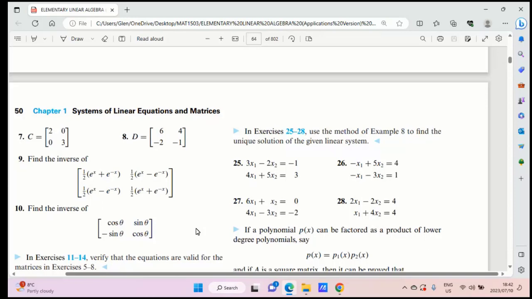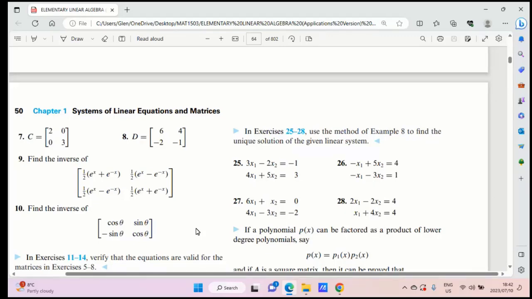You said your first term is e to the power of what? I expanded in brackets e to the power of x plus e to the power of negative x, squared.